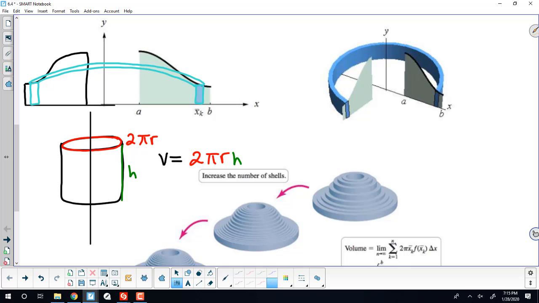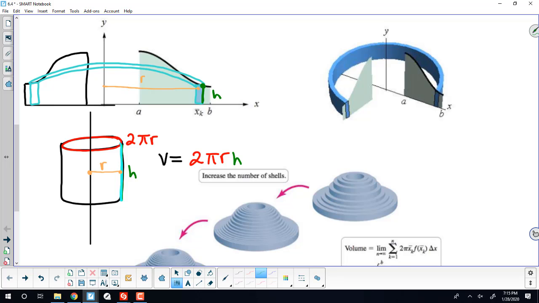So just imagine that's our cross section right there. The radius of that is the distance from each cross section to the axis of revolution, right? So that's our radius. And the height, of course, is just the height of this thing right here. This is h.